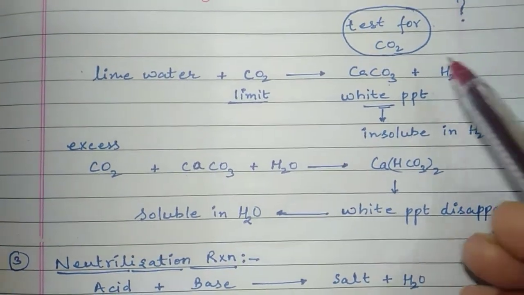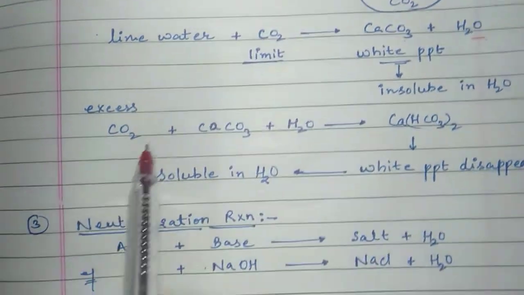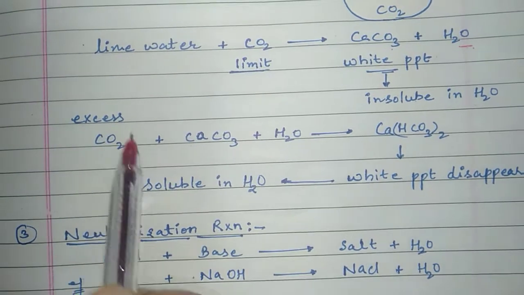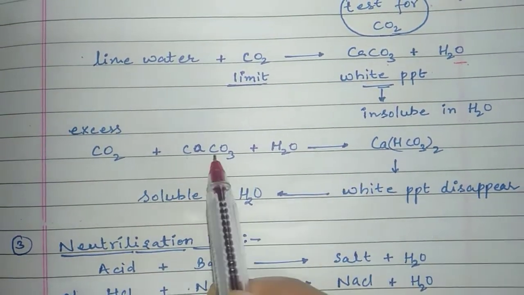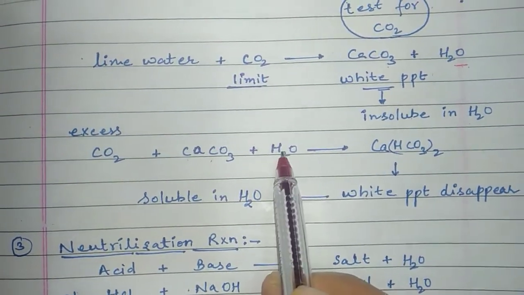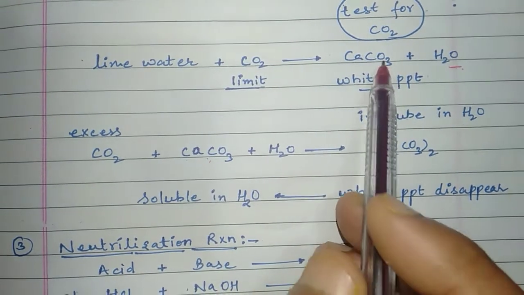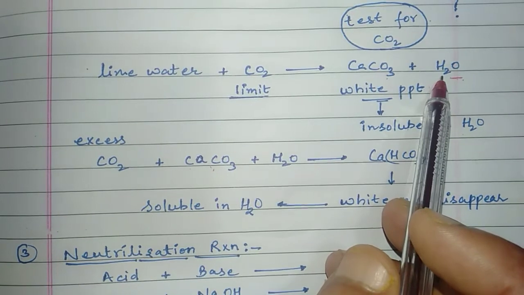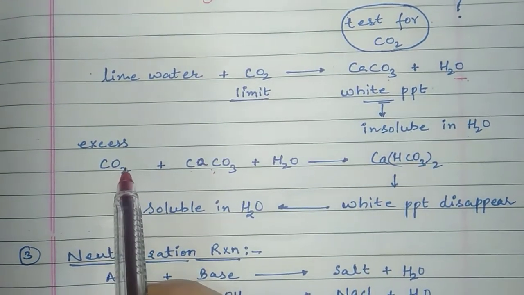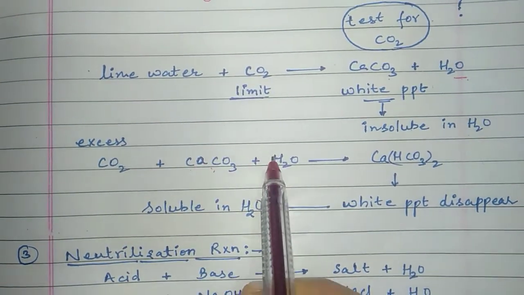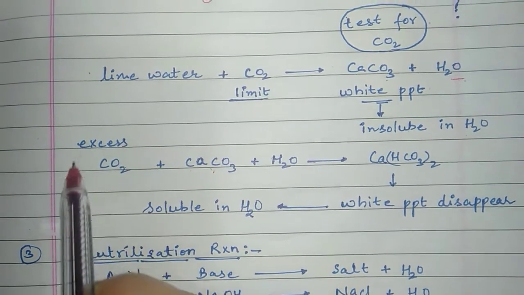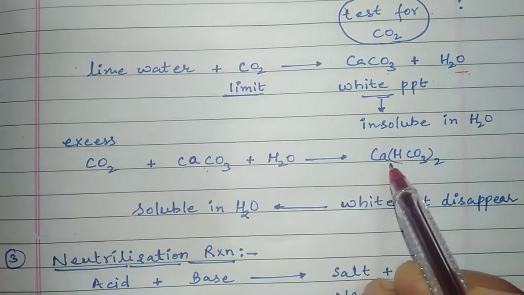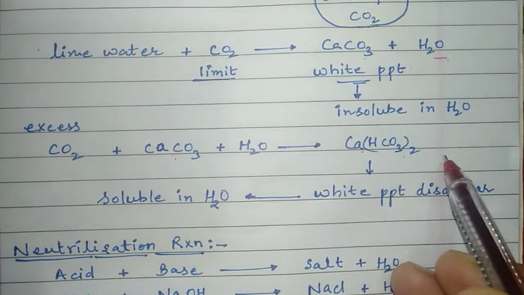Students, if the carbon dioxide produced in this reaction is in excess, what will happen? This reaction goes further. The calcium carbonate which is formed here, and the water produced, react with another molecule of carbon dioxide, and it produces calcium hydrogen carbonate.